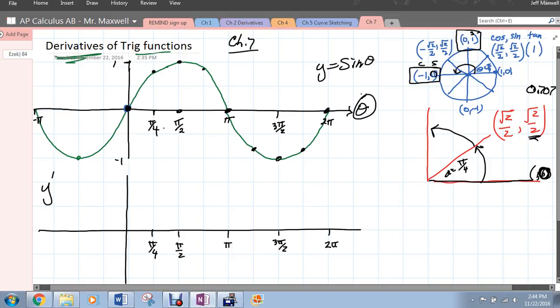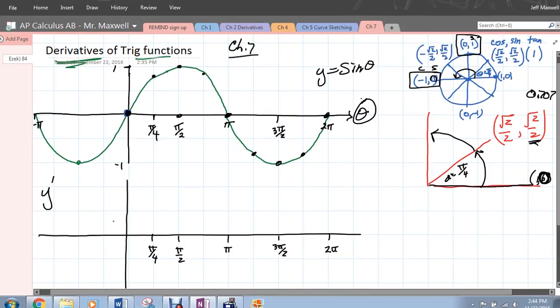Do you remember how to do that? Do you remember where we start there? Do you remember what sort of things we do? Okay, the zeros. Remember we're doing the derivative, so the derivative represents the slope of tangent lines, right? So where is the derivative 0? Well, looks like over here the derivative is 0.